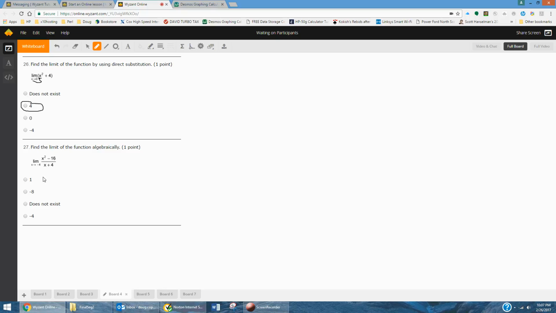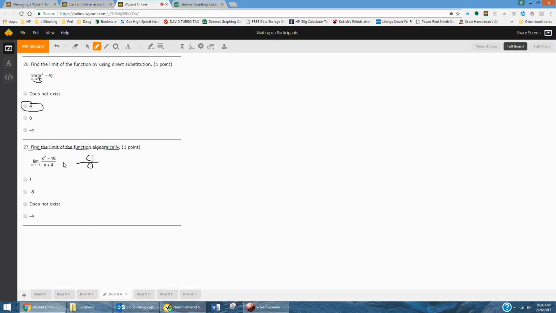Easy. Now on this one, we might try direct substitution first, but if I put negative 4 in for x, I get negative 4 plus 4 is 0 in the denominator, and I get 16 minus 16 is 0. So I would be getting 0 over 0.